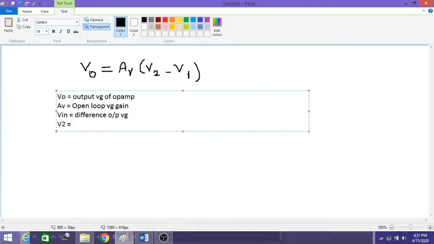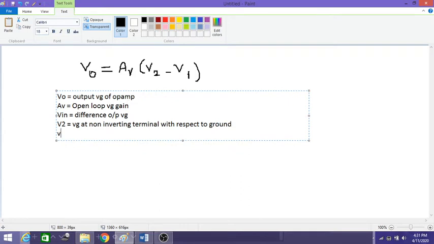V2 is the voltage at the non-inverting terminal with respect to ground. V1 is the voltage at the inverting terminal with respect to ground.